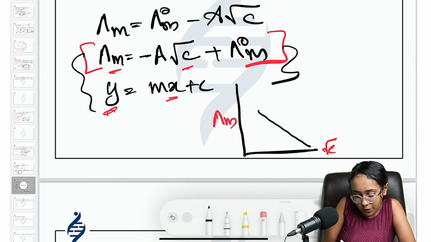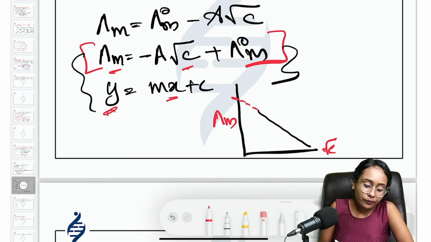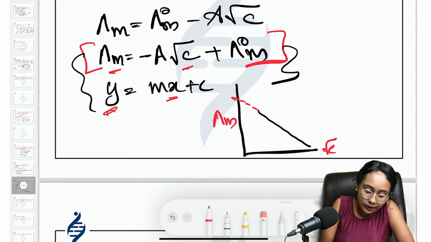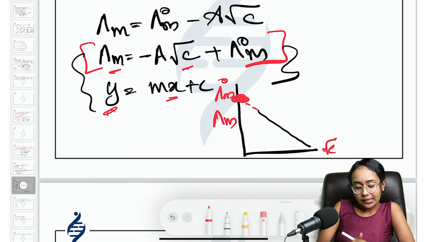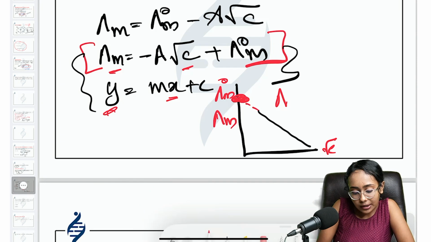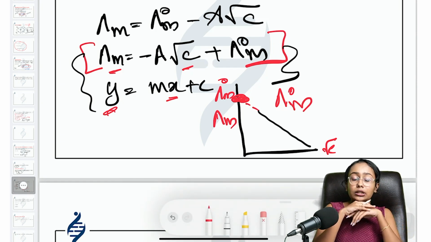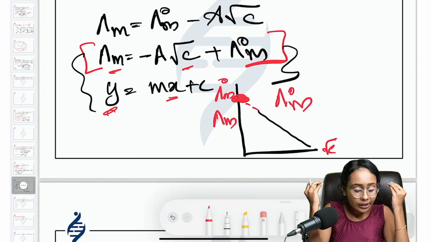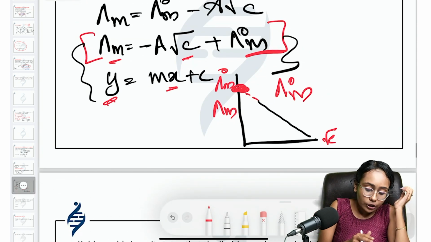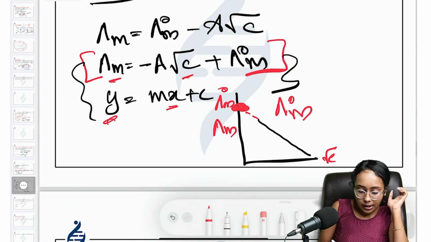When we extend the slope a bit more, we get the y-intercept. The y-intercept is known as lambda m naught. From this graph, we can predict the value of lambda m naught for strong electrolytes.